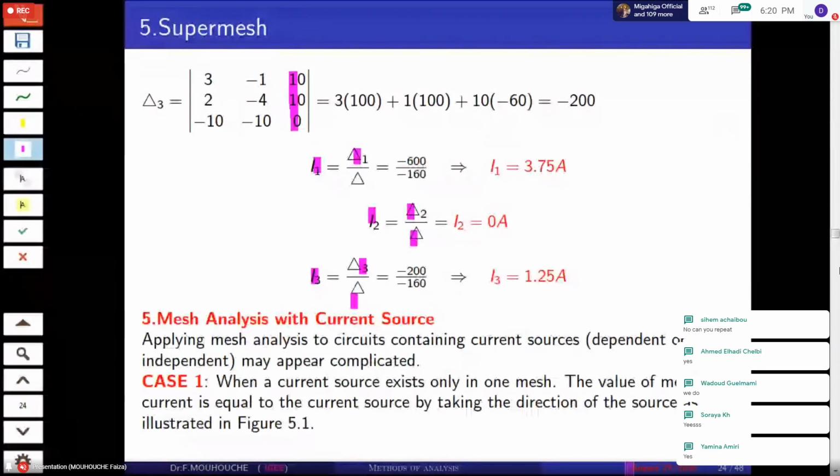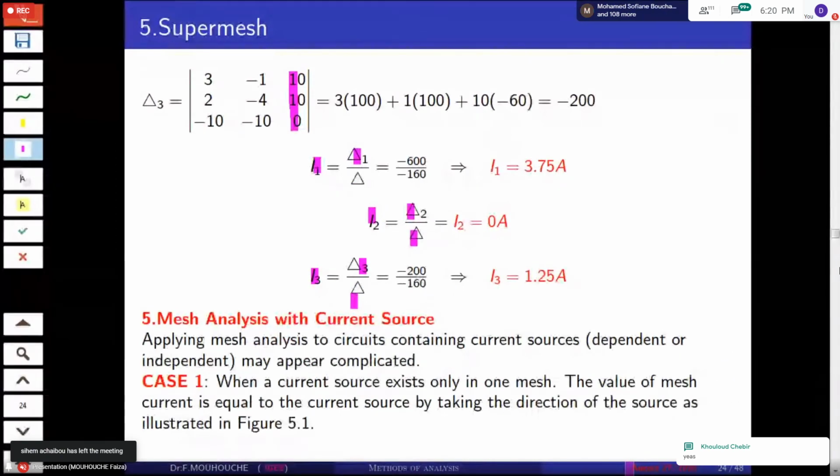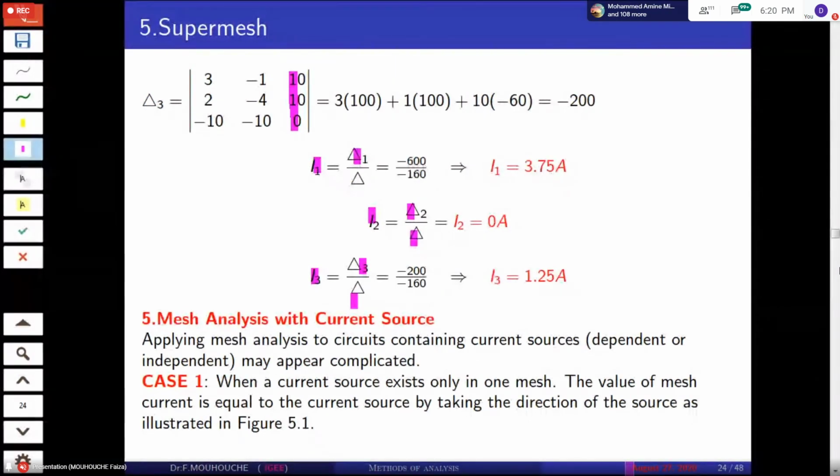Now in mesh methods, we have a special case: mesh analysis with a current source. Applying mesh analysis to circuits containing current sources, dependent or independent, may appear complicated. The first case is simple, when a current source exists only in one mesh.